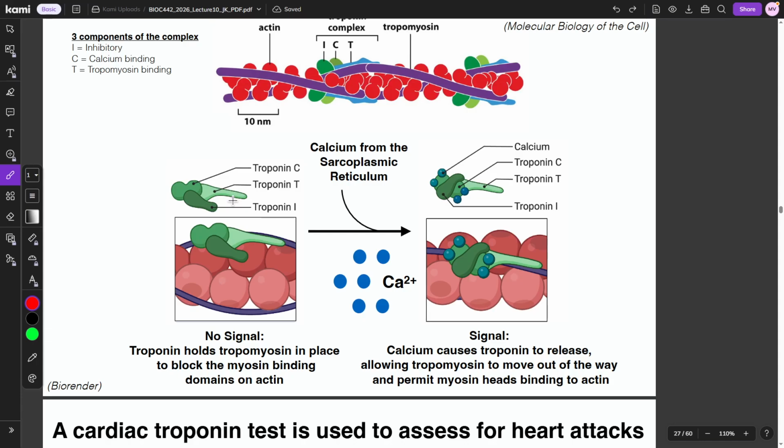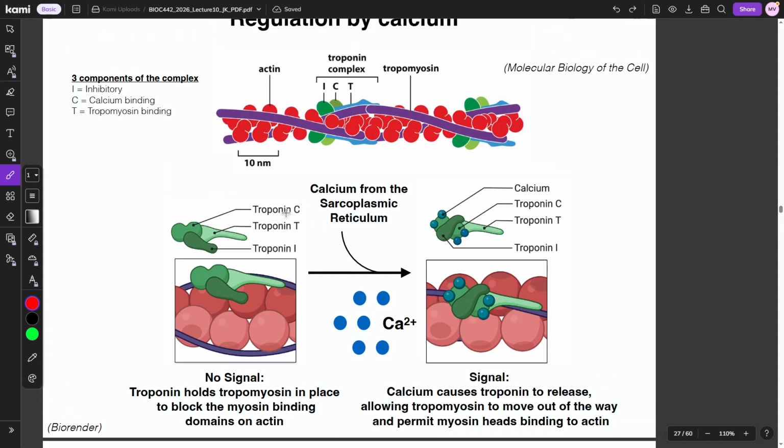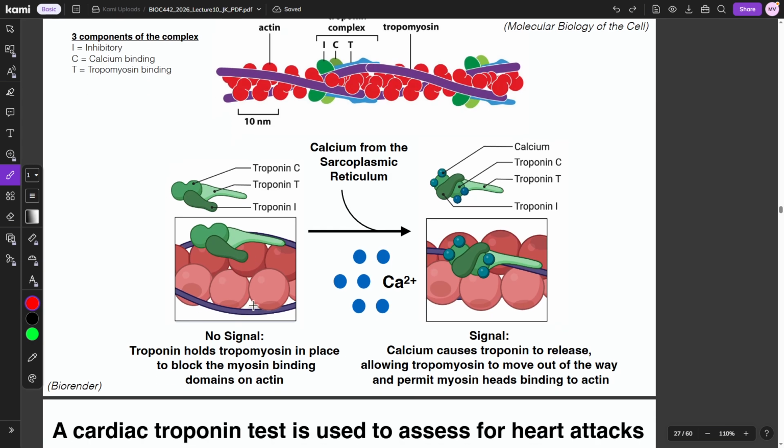So we can see here we have our calcium binding, our tropomyosin binding, and our inhibitory area for this complex. You can see here the calcium binding, right? So normally it's under this configuration. When there's no signal, you can see that the troponin, or the T region, is holding on to the tropomyosin.